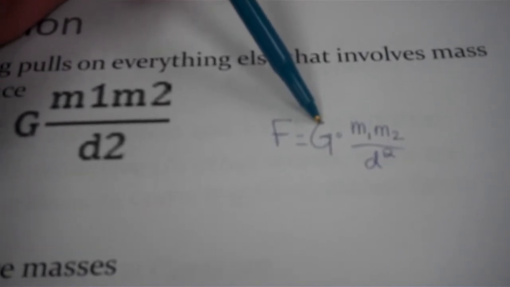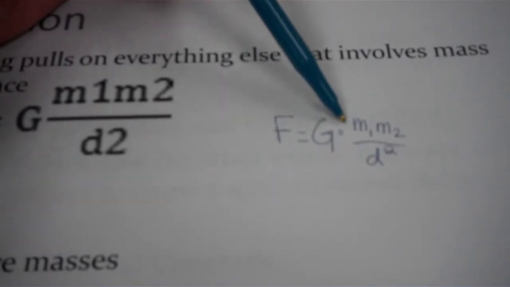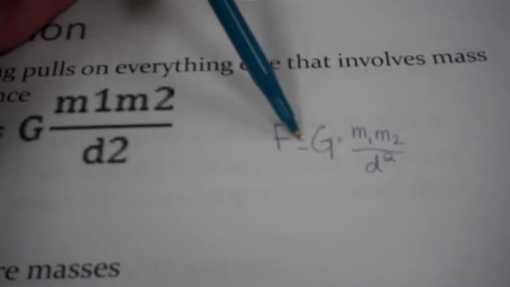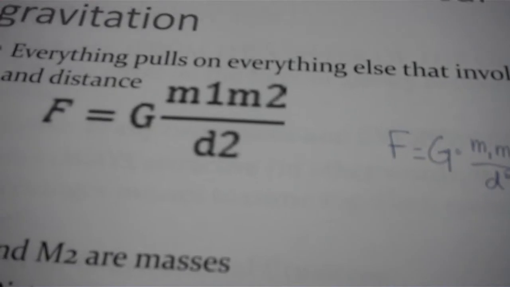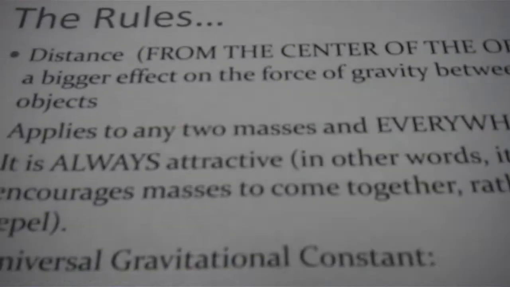And he found that if he included this constant number every single time, we would get a true answer. And what is that number? Well, that number is 6.67 times 10 to the negative 11th Newton meter squared per kilogram squared.